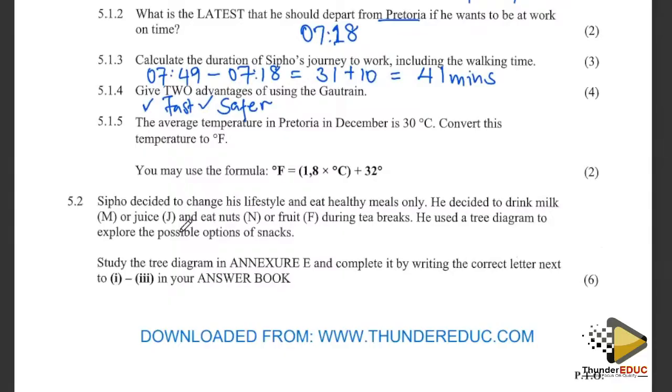Okay, the average temperature in Pretoria is 30 degrees Celsius. Convert this temperature to Fahrenheit. All you do, where you see the C, you put the 30, substitute in the formula. So it's supposed to be 1,8 times 30 plus 32.